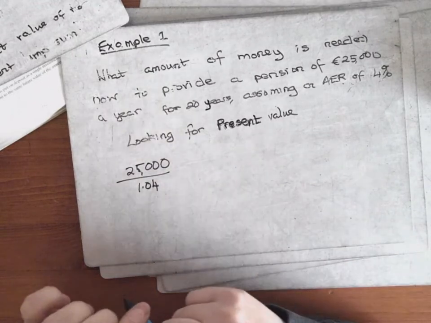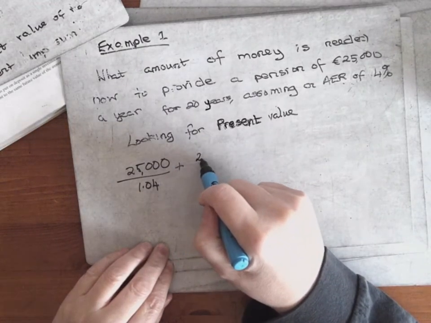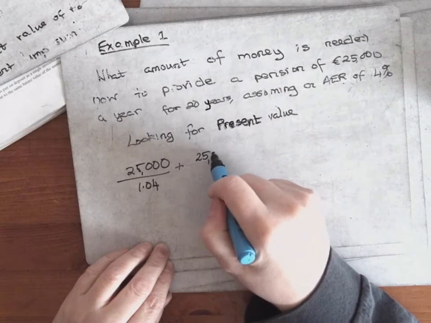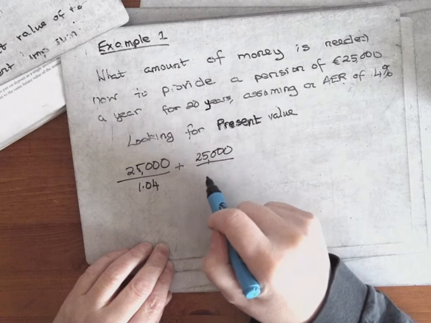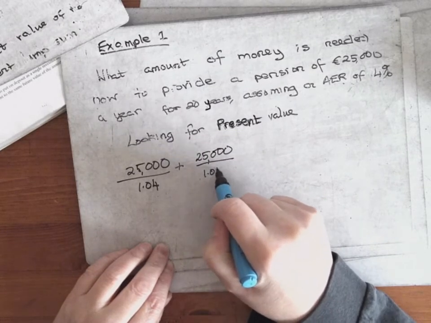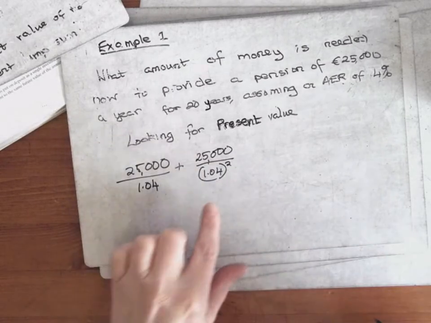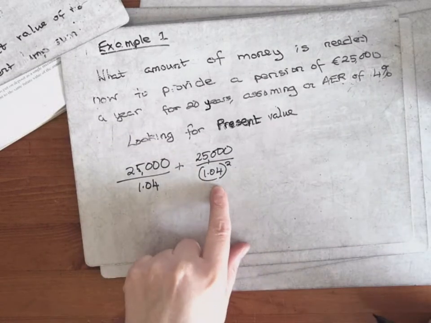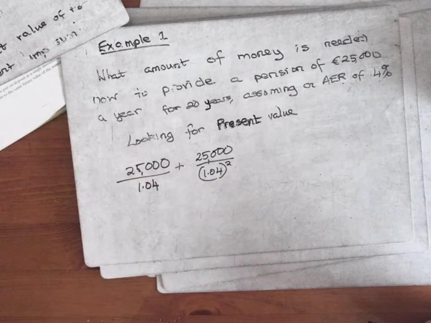For the second year, they're going to pay me out the 25,000, but that's been in the account with them for 2 years. So I don't need to have saved that 25,000. I need to have saved that much, because I can take 2 years' interest off it. So you divide it by 1.04 squared to take 2 years' interest off it.